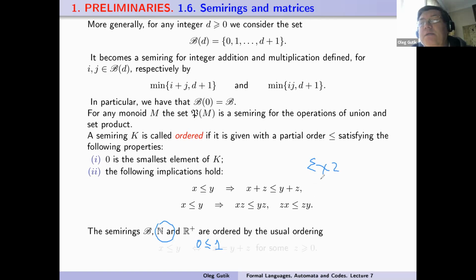And the second exercise is to prove that we have the same for the set of positive real numbers with the usual addition, multiplication, and the usual order less or equal. So the usual order is defined in the usual way on the set of natural numbers or the set of positive real numbers.